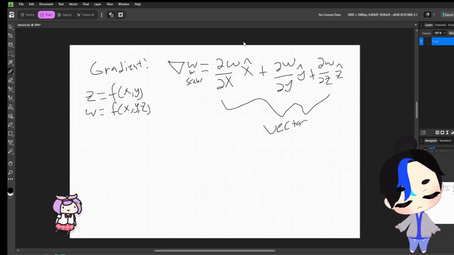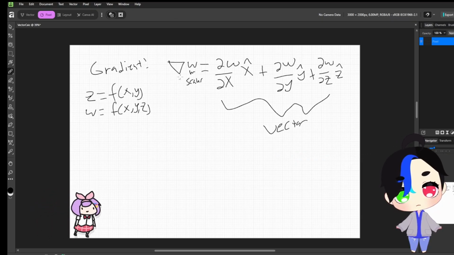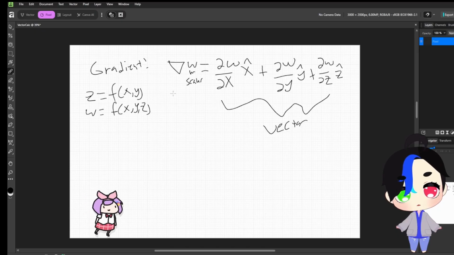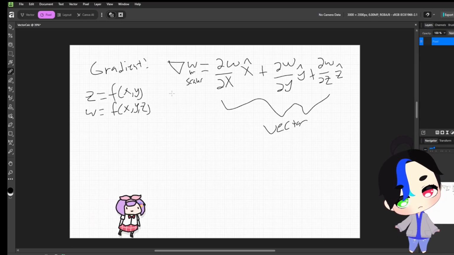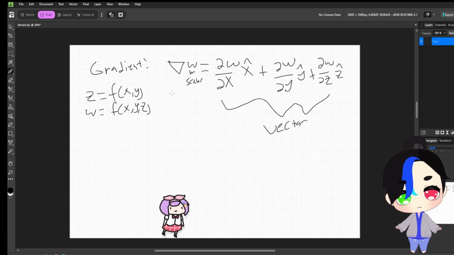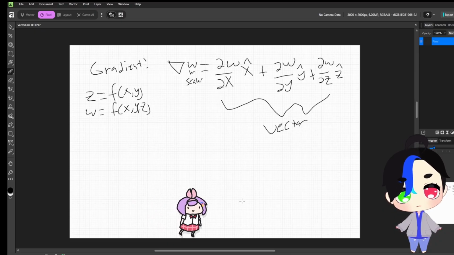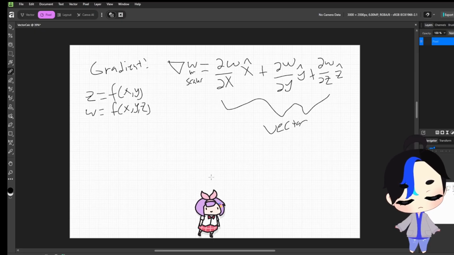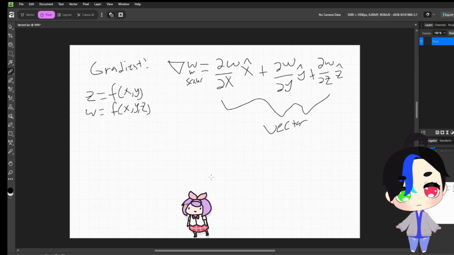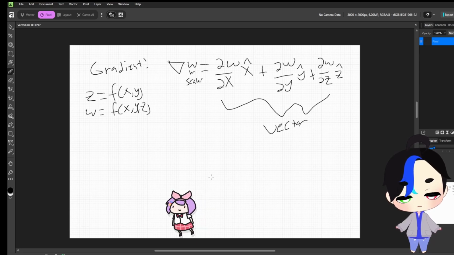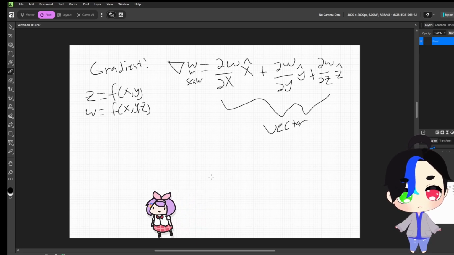And so, what does this weird upside down triangle operator actually mean physically? What does it represent? Similar to how a normal derivative told you the instantaneous slope of some function, the gradient tells you the direction of greatest ascent in a 3D graph or an n-dimensional graph.